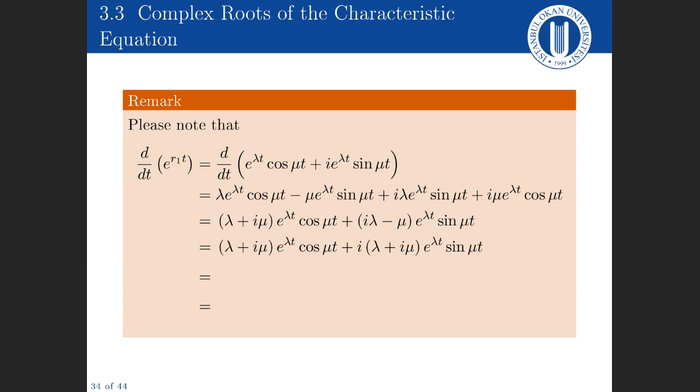But remember that i squared is minus 1. So i lambda minus mu is the same as i lambda plus i squared mu. But then we can take a factor of i out to get i multiplied by lambda plus i mu.